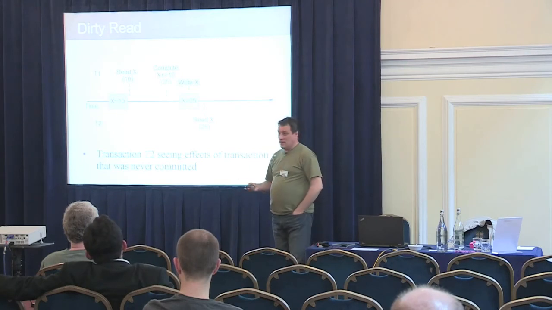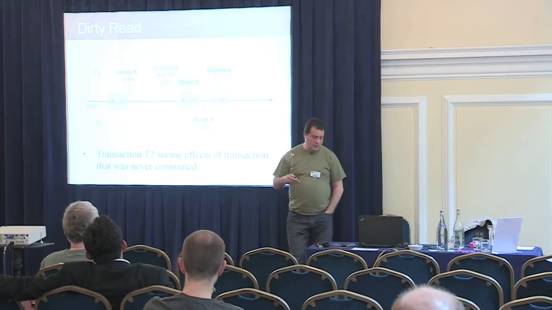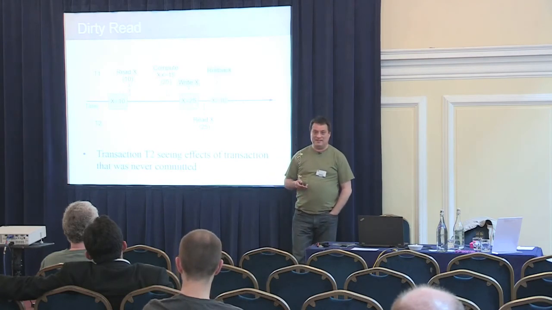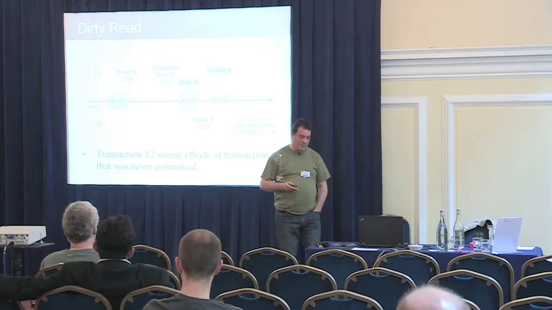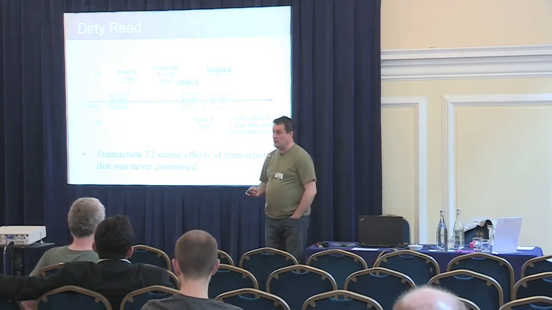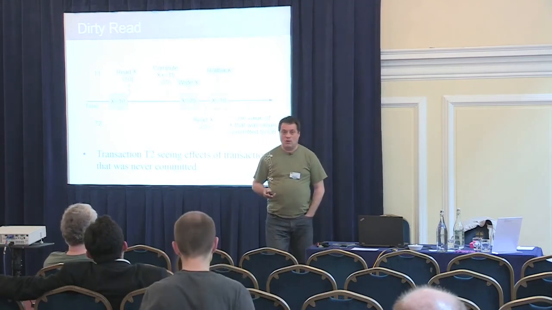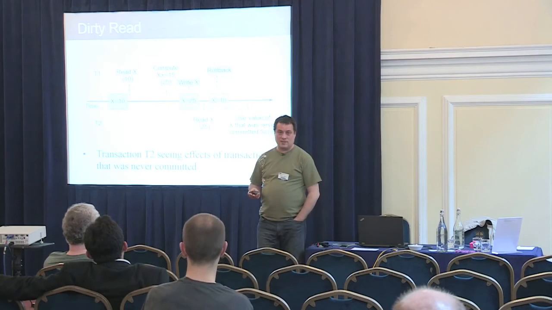It reads this x. However, transaction 1 didn't commit. Now transaction 1 decides to roll back, and now we have a problem. Transaction 2 is using a value that was never part of the database. This might still be a big issue for line of business applications.